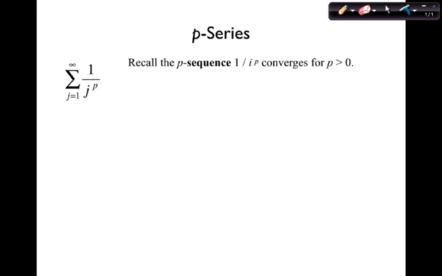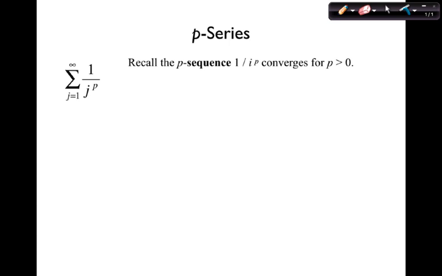Okay, so P series are series from P sequences. So we just saw what? When P equals 1, did the series converge or diverge? Diverge, right? We just showed that. So recall the P sequence: as long as P is positive, the sequence converges to 0, right?